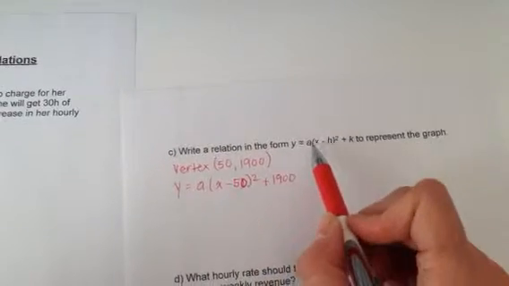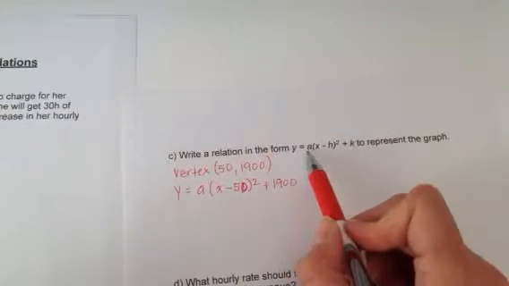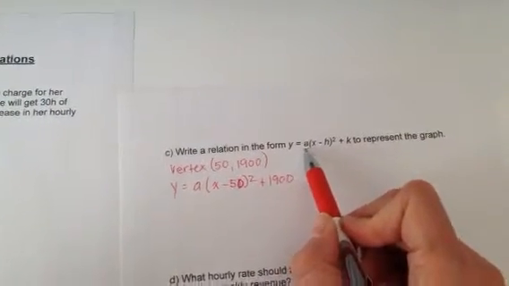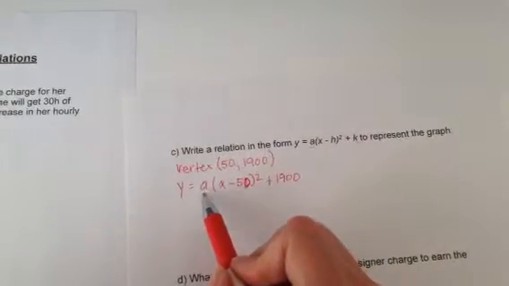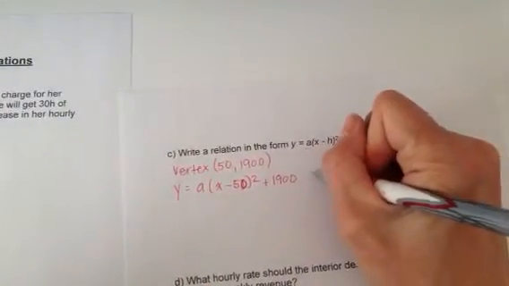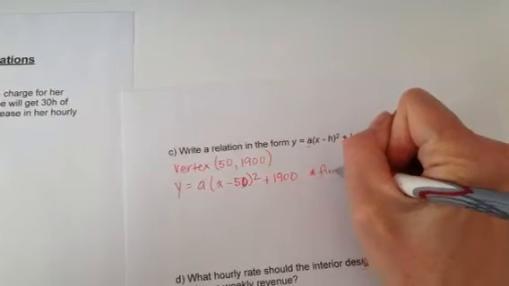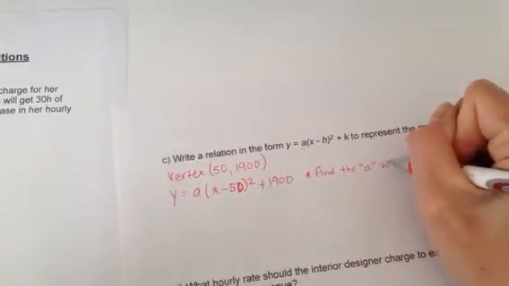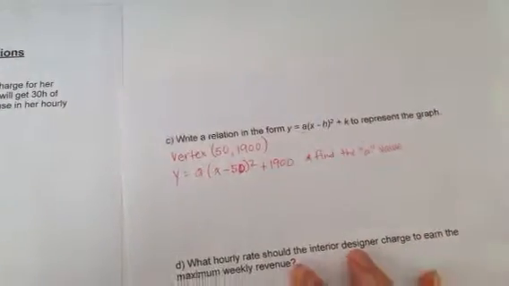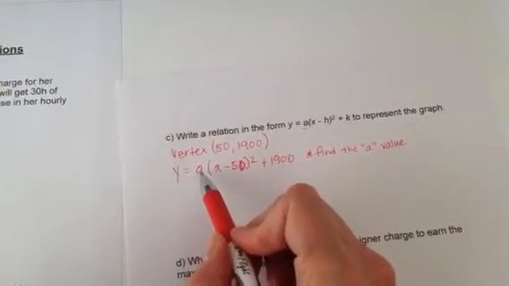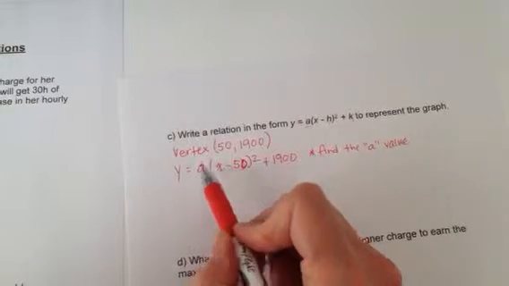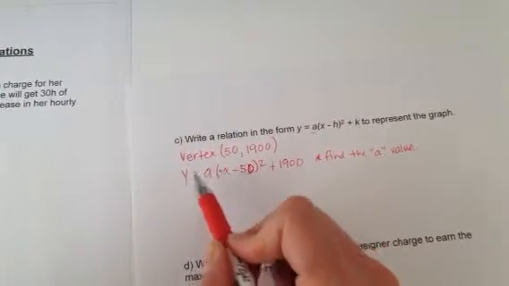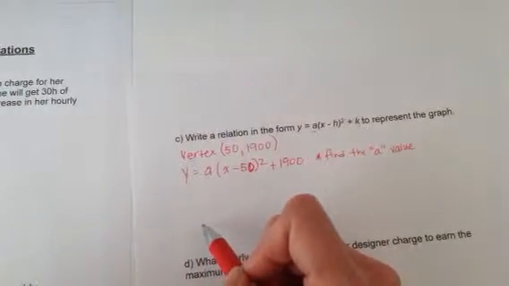Now, we don't have the complete vertex form because we're missing this a value. We don't know what our a value is. So we have to find the a value. Now, to find the a value, the other things that are missing in this equation are the x and the y. Those are any points that we have on this graph.